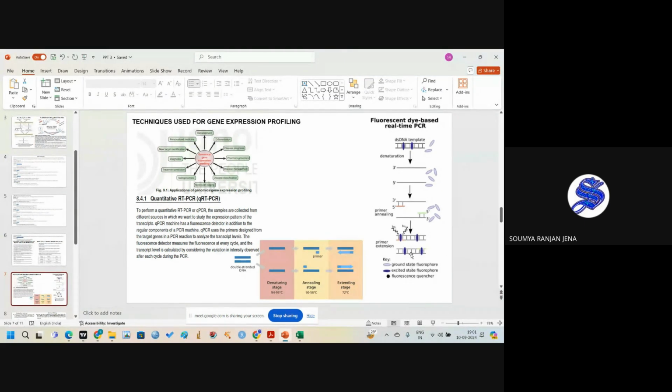If it goes to 4 cycles, it will give rise to 16 different DNA fragments, and these 16 DNA fragments will give some fluorescence amount, and this fluorescence amount dictates the quantity. This is the most widely used quantitative real-time PCR method, and it is used for different disease diagnosis or any other gene expression analysis.